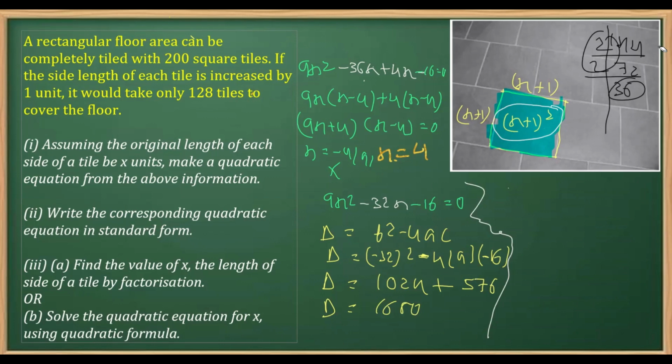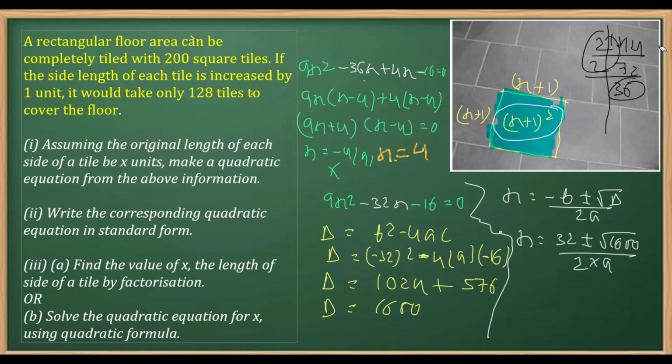Now x is equal to minus b plus minus under root D over 2 times a. So x is minus b, and b is minus 32, so minus of minus is plus 32, plus minus under root D, which is 1600, divided by 2 times a. And what is a? The coefficient of x square, which is 9 here.